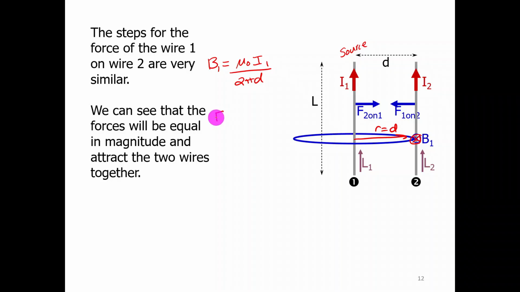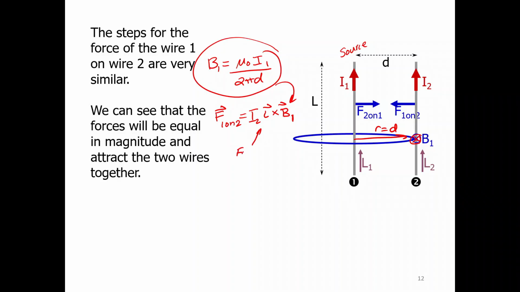We're still going to use that our magnetic force of object 1 on 2 is going to be, in this case, current for wire 2, L cross B1, because B1 is going to be our source. So B1 comes here. You would put your fingers in the direction of L, which is in the direction of I2. So that's going to be to the top of the page.